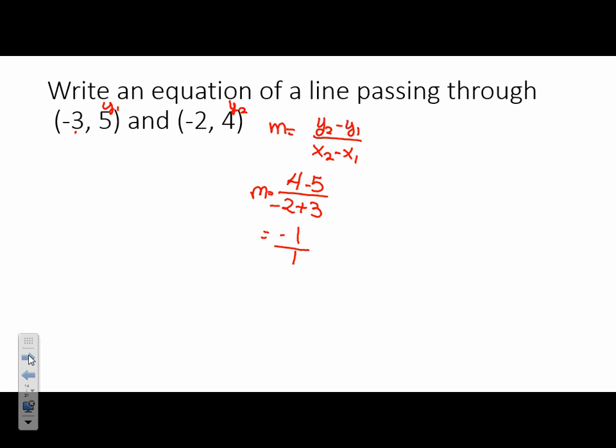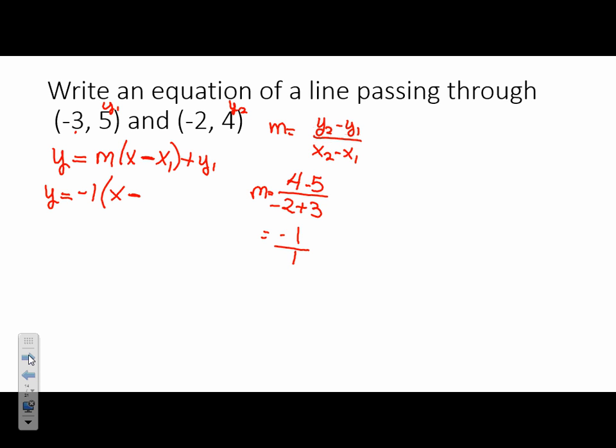This is number 16. So we say if we're using the modified point slope form, y equals m times x minus its coordinate plus the y coordinate. So y equals, what's my slope? -1 parentheses x minus its coordinate.